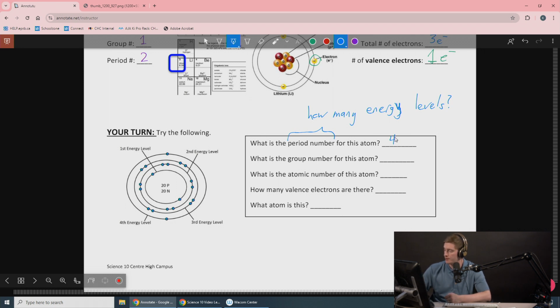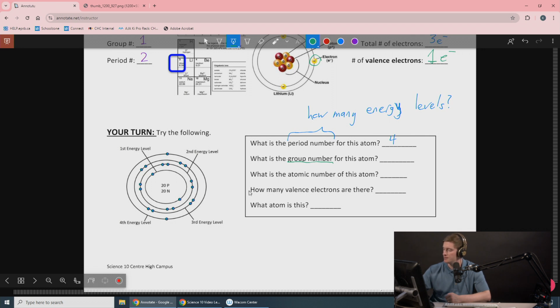What group is this particular atom? Recall that the group number is related to the last number of the number of valence electrons. If you take a look here, we've got 1 valence electron, 2 valence electrons. That will help us figure out what group number this atom is.